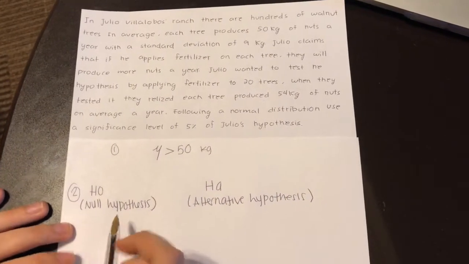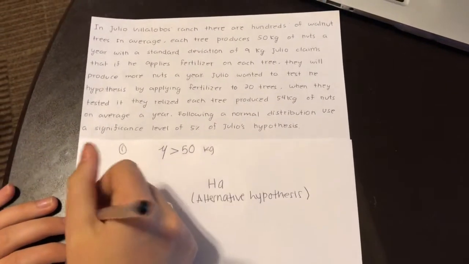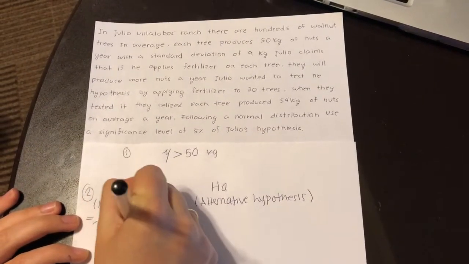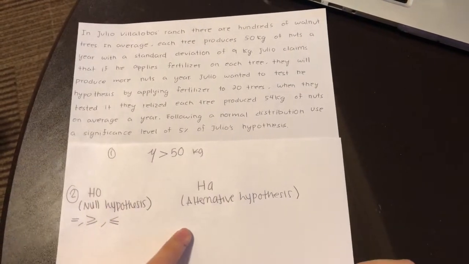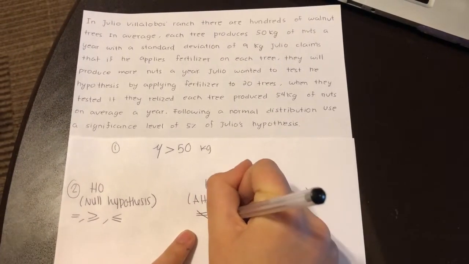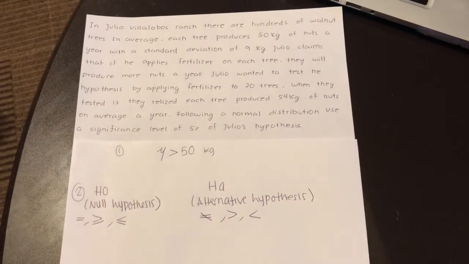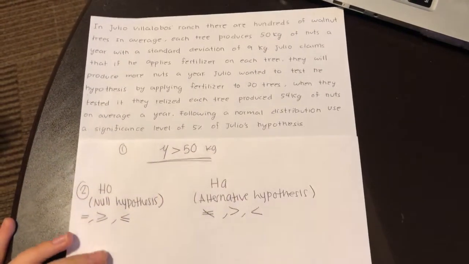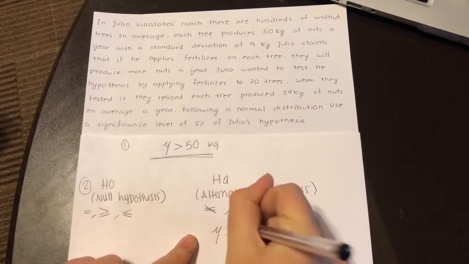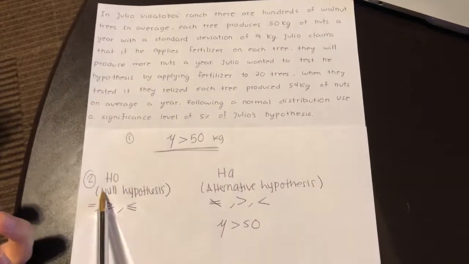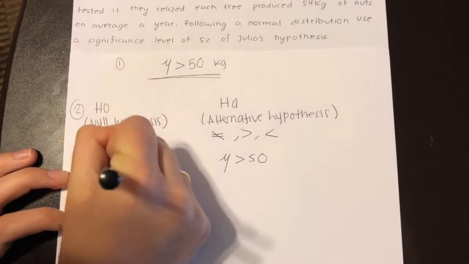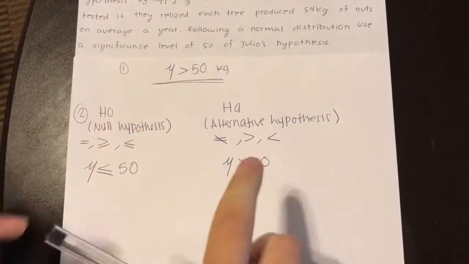So the null hypothesis has symbols like equals, less than or equal, or more than or equal. And the alternative hypothesis has symbols like not equal to, less than, or more than. Because we're saying that this is our hypothesis, our alternative hypothesis is mu is more than 50. And if we prove it wrong, we will say the opposite, saying that mu is less than or equal to 50. This is what we have to prove.